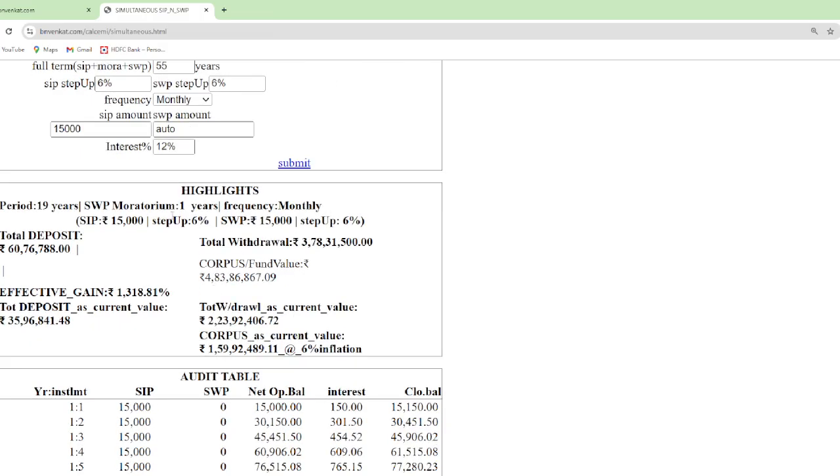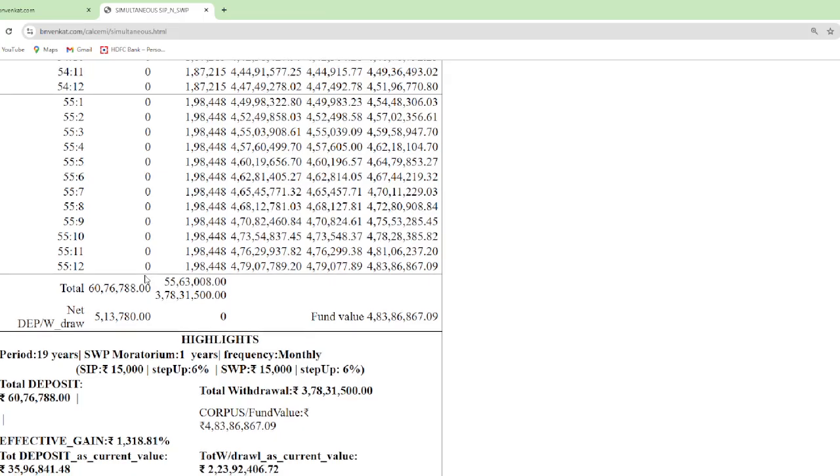Here, see, there is a summary. Anyhow, you can omit it. Total deposit is 60 lakhs. Okay, I'll go to the top, bottom and see.